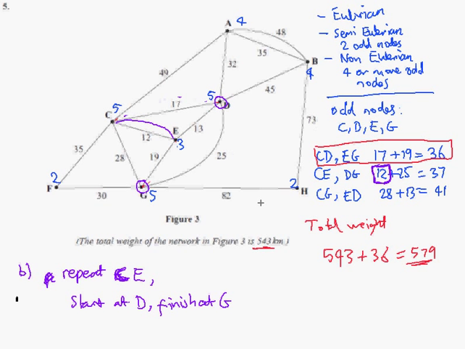So that's how you would solve that question, question 5, the route inspection question on your D1 paper.